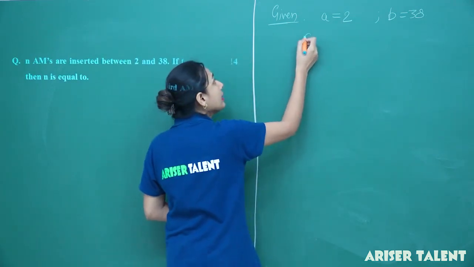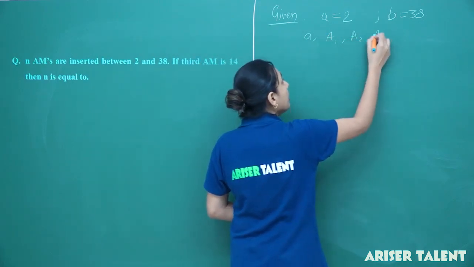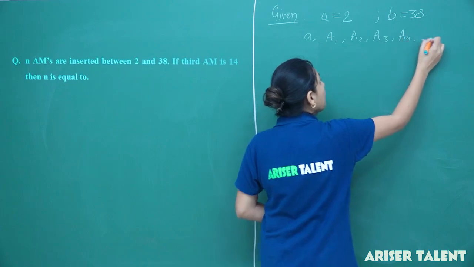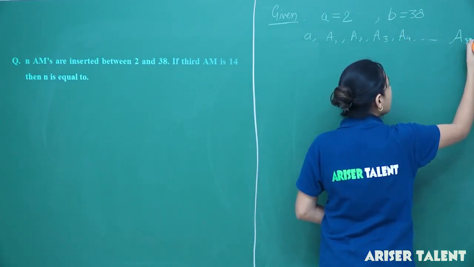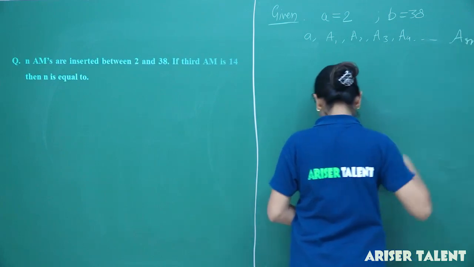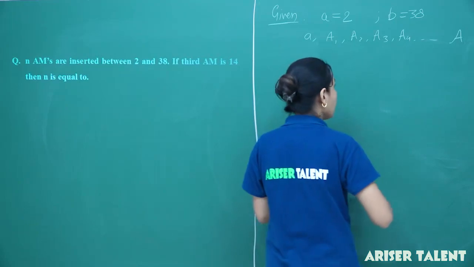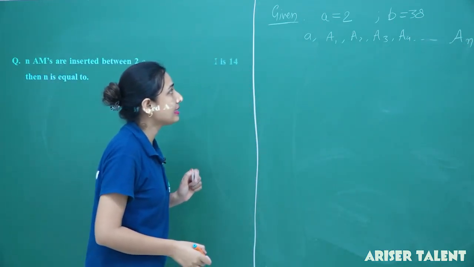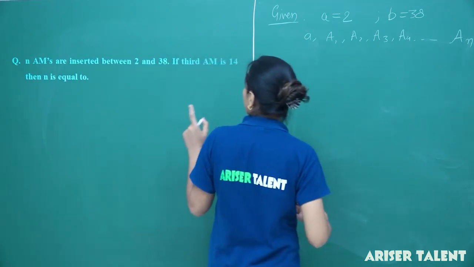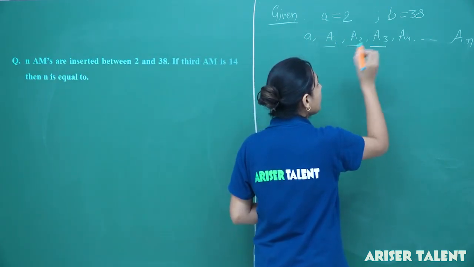If I take this as A, A1, A2, A3, A4 up to An, and then this B, the question says the third AM is 14. This is the first AM, this is the second AM, this is the third AM.